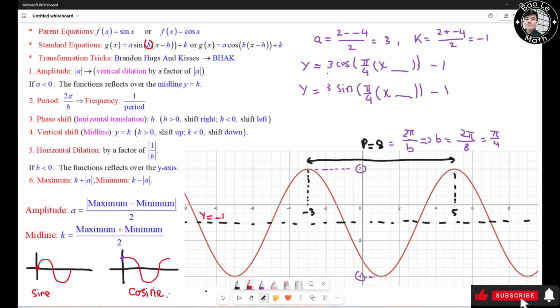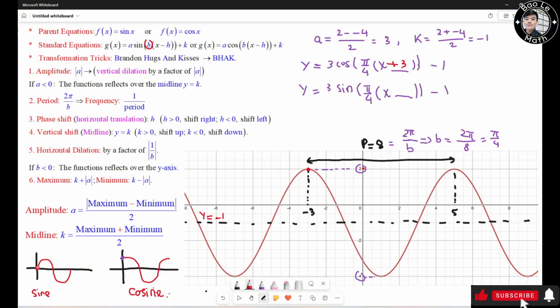Now, if I need to write this equation in terms of cosine, the cosine function starts from the maximum. Obviously it should start right here, right, but now it moves to the left. How many units? It's going to be 3 units, right? So this guy must add 3, right?